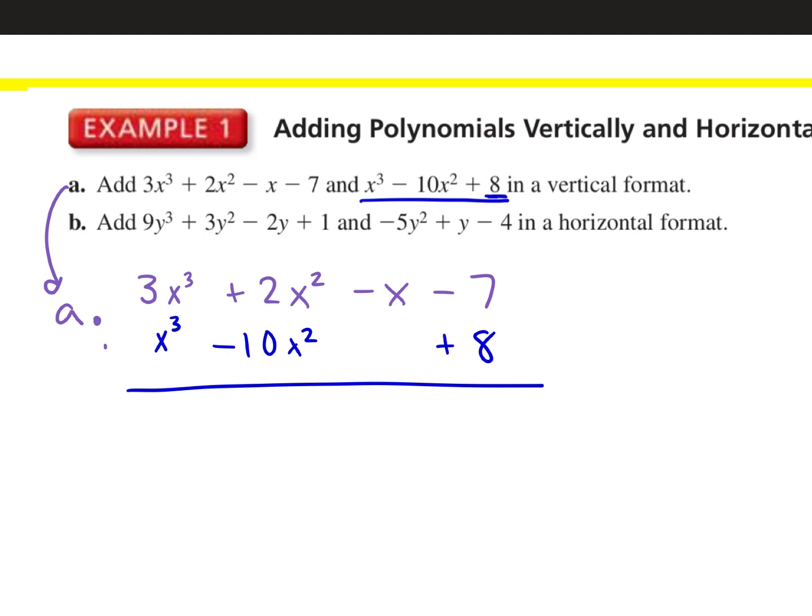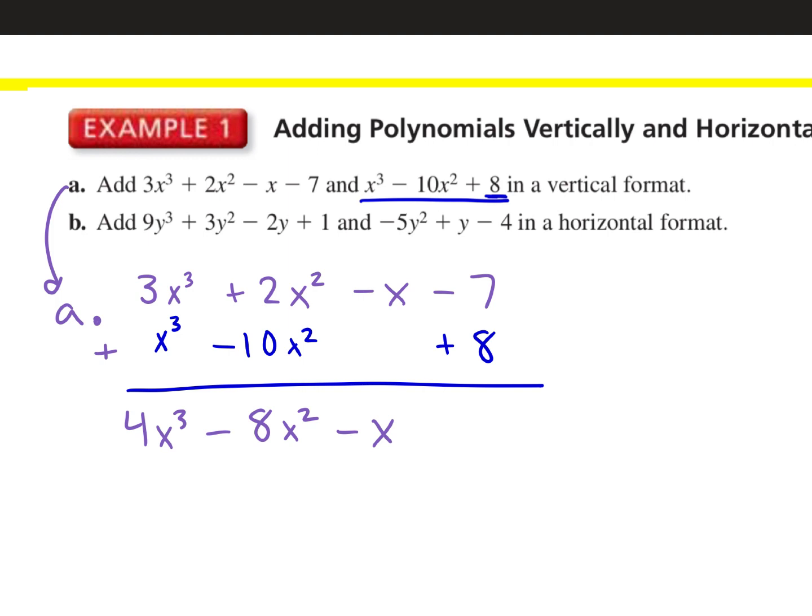Now we just add vertically. So we add our columns together. What's 3x cubed plus x cubed? Perfect, 4x cubed. What's 2x squared minus 10x squared? Negative 8x squared. What would come next? Minus x. I don't have anything that I'm adding to it, so just minus x.